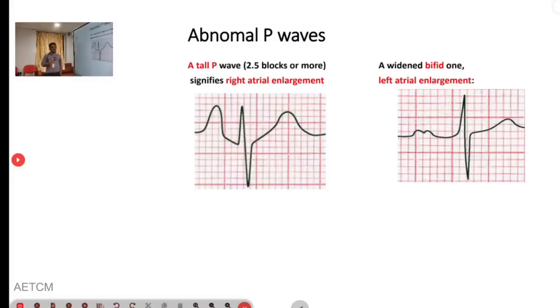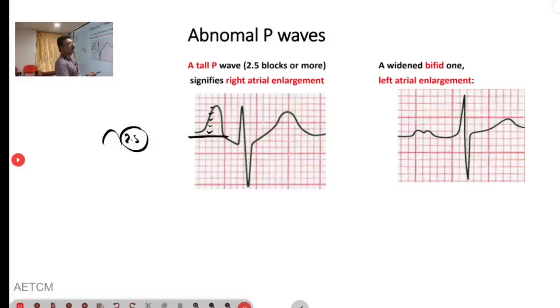Now what you are seeing here are two important types of anomalies seen in the P wave. Here, the height is more than 2.5 divisions. How many are there? 1, 2, 3, 4, 4.5. So that height is more than 2.5 divisions.